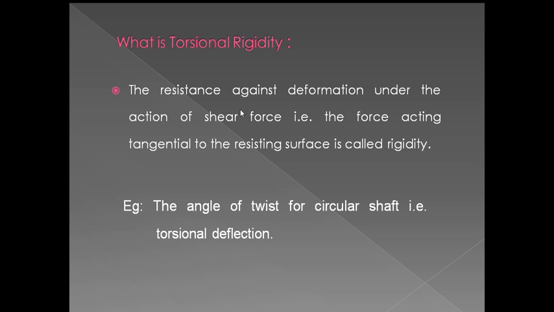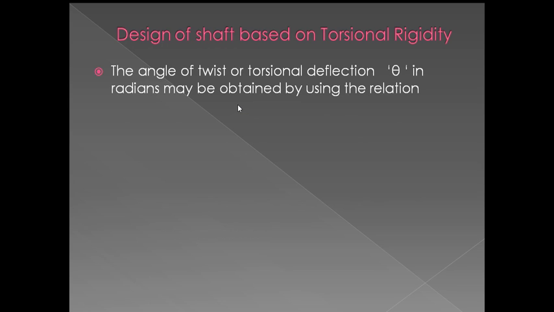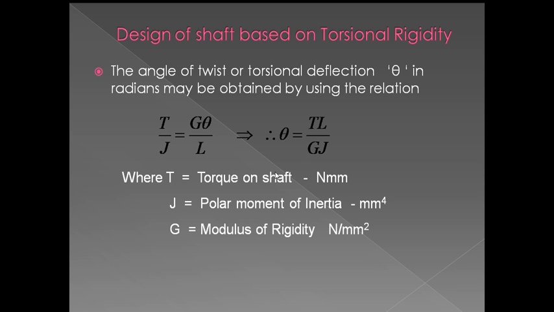For a circular shaft, it is the angle of twist. The angle of twist is theta, in radians. To find theta, T by J equal to G theta by L. So theta equals TL by GJ. If the theta value is given, to find the diameter of the shaft, J will be the one.